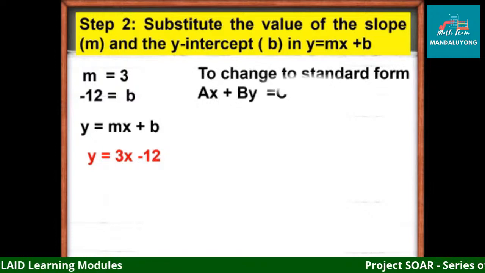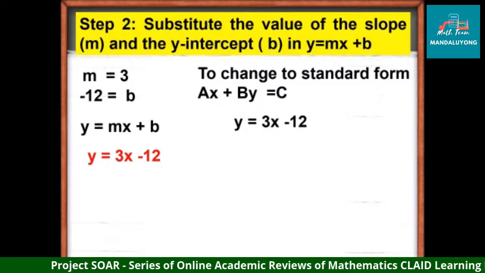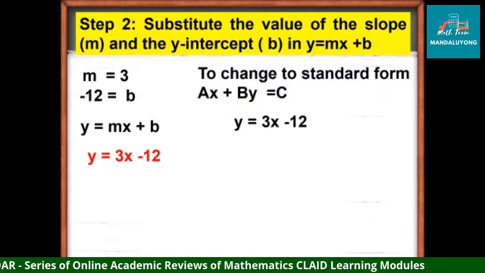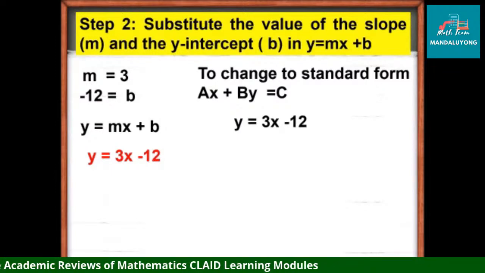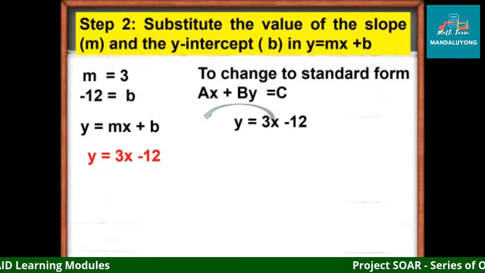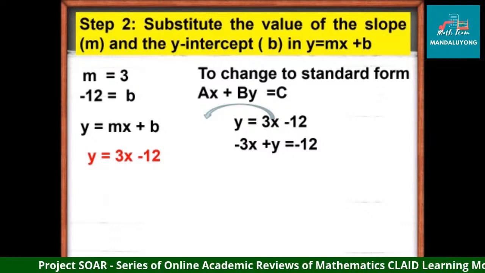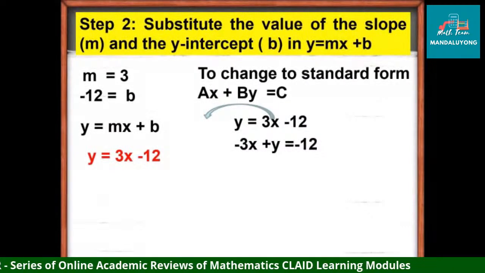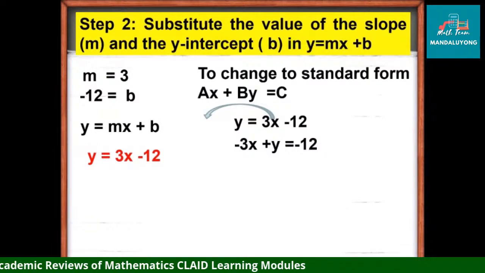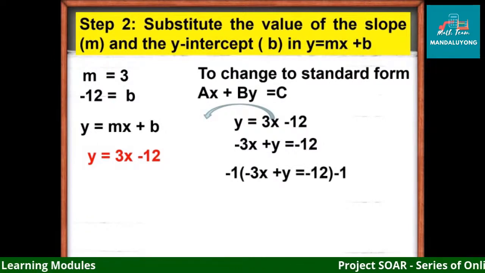To change to standard form ax plus by equals c, we will just go back to our equation of the line, y equals 3x minus 12. So to change this equation to standard form, we will transpose 3x on the left side, and the result is negative 3x plus y equals negative 12. But since we want to start with an equation containing a positive first term, we can multiply both sides of the equation by negative 1.